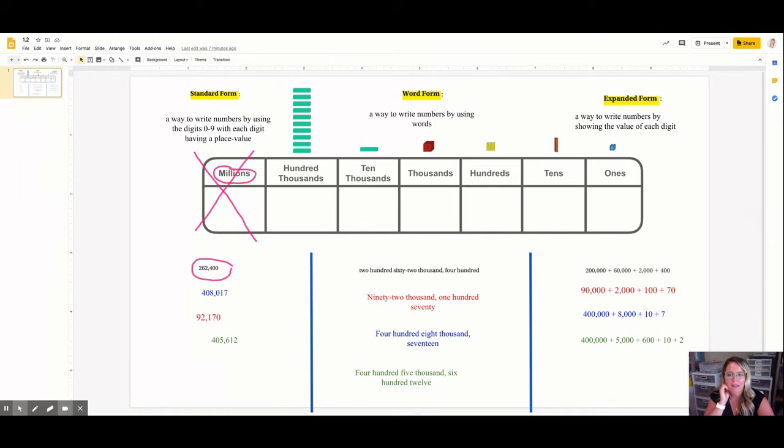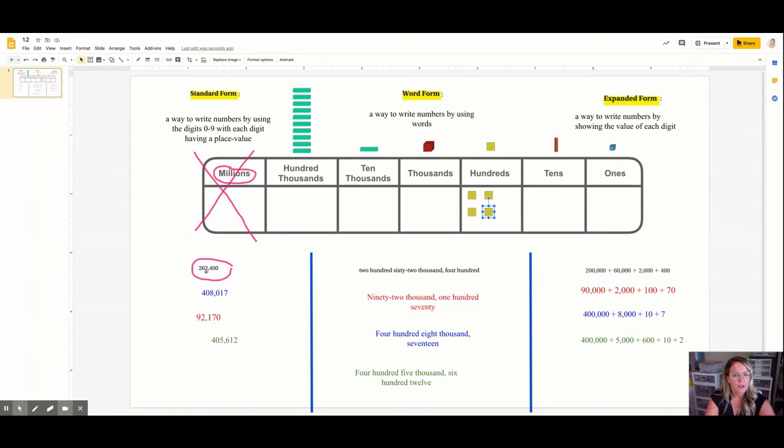I don't need to add any tens cubes into my place value chart. But then I get to my third place value, which is a 4, meaning the 4 lands in the hundreds. So I need 4 hundreds. Here we go. 100, 200, 300, 400. Beautiful. Now I'm in my thousands place value.